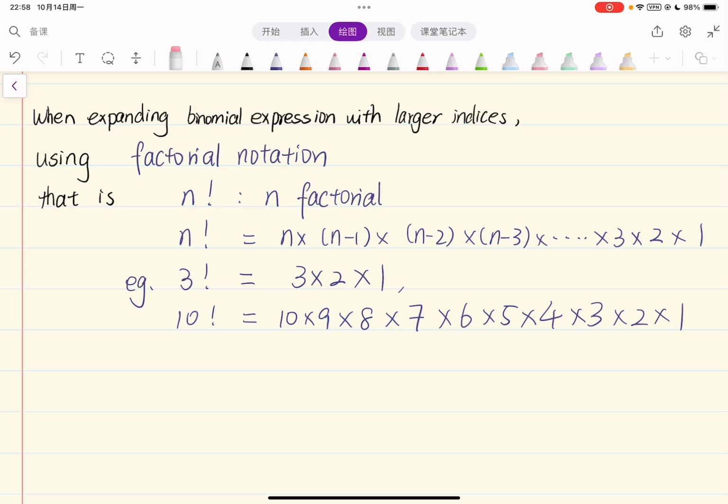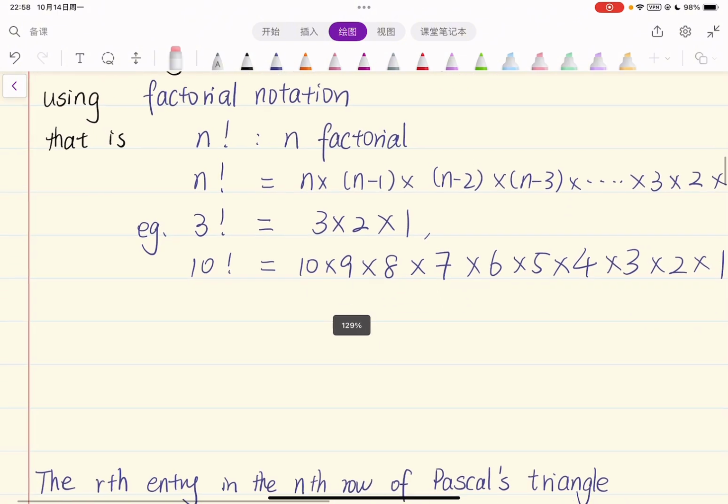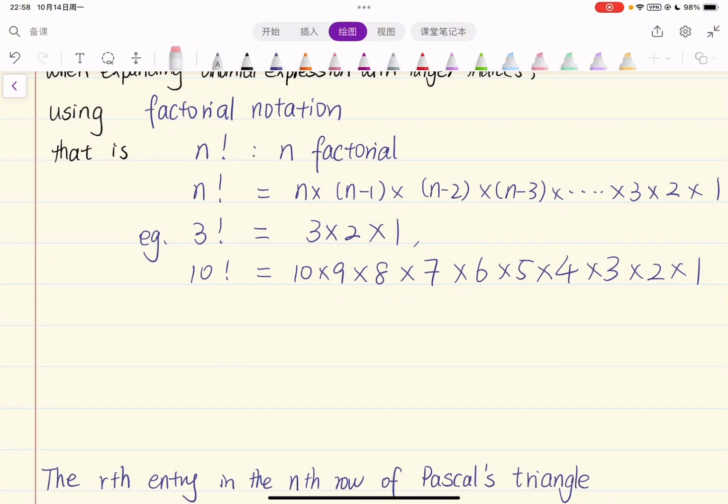After you know the definition of the factorial notation, now I will tell you there is another way to find the entries in Pascal's triangle, that is n choose r. You can write it like that, nCr, which equals n factorial over r factorial times (n minus r) factorial. We usually say n choose r.